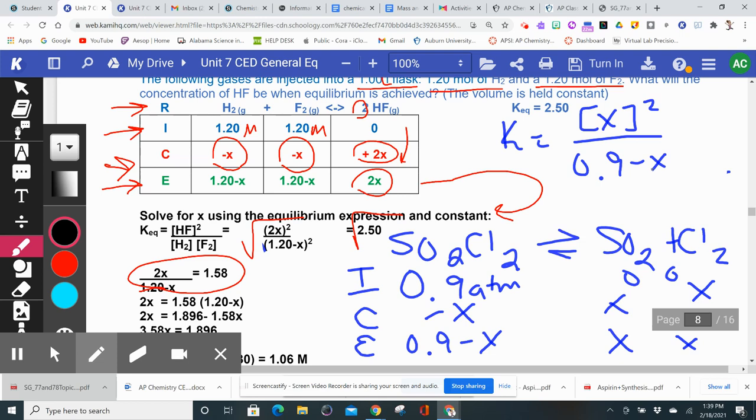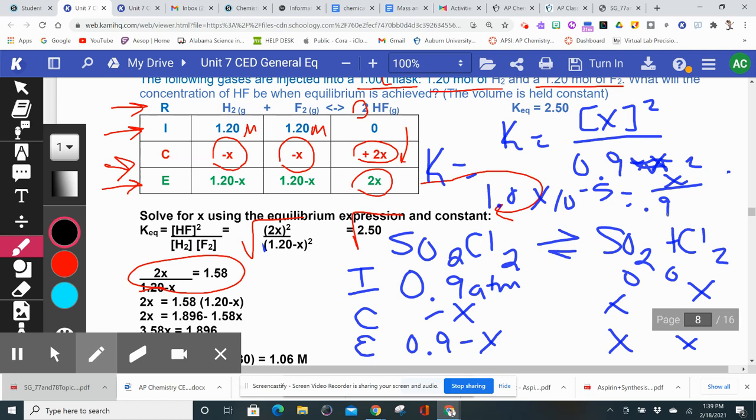You can look at the equilibrium constant, and if the equilibrium constant is less than 1 times 10 to the negative 5, then I can just drop off this minus x thing and not have to worry about it. So let's say this is 1 times 10 to the negative 5 equals x squared over 0.9.